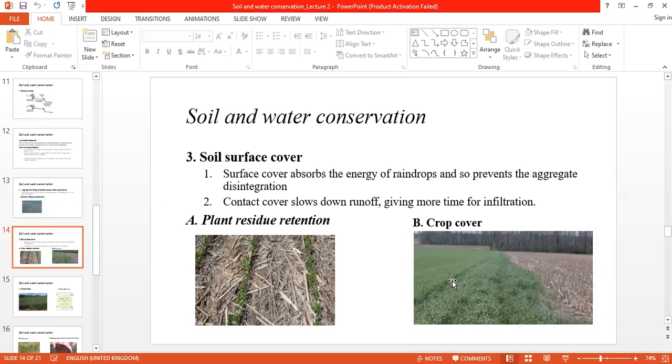Depending on when they plant it, you can classify it. It can go under crop rotation, or it can be an intercrop or a cover crop.